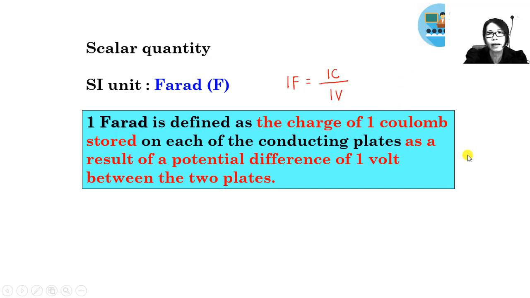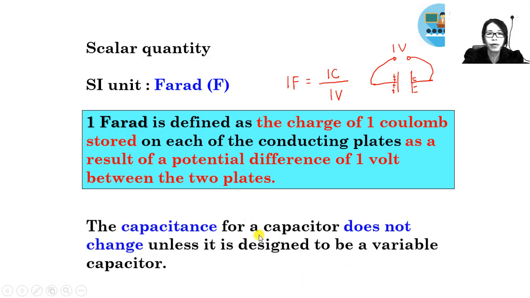It means that if I have a capacitor of 1 farad and connect it to a power supply of 1 volt, then I will be able to store a charge of 1 coulomb in the capacitor. The capacitance of a capacitor normally does not change unless it is designed to be a variable capacitor.